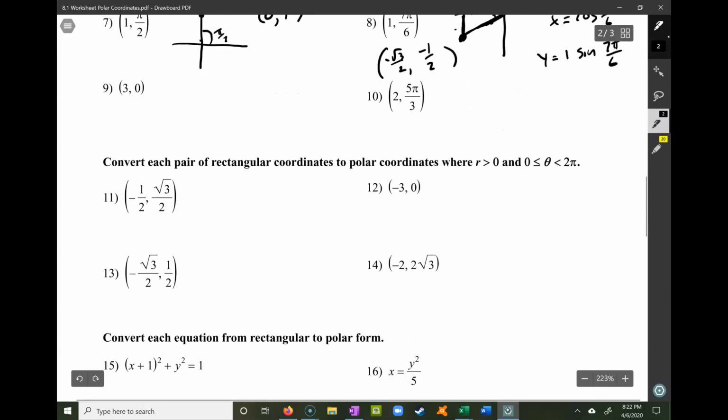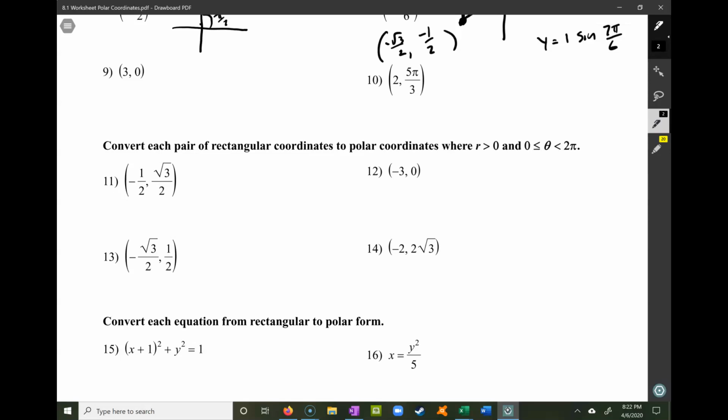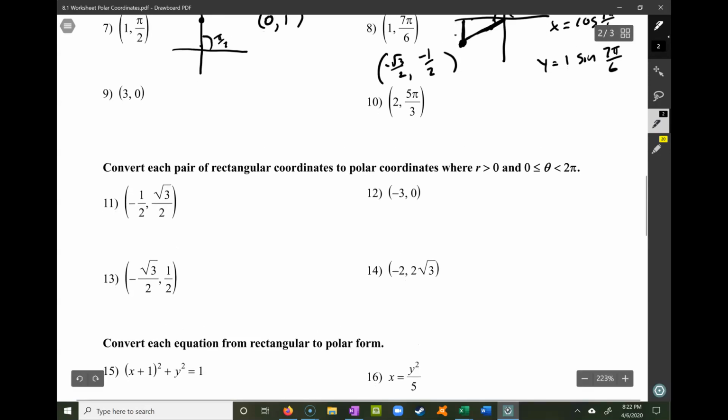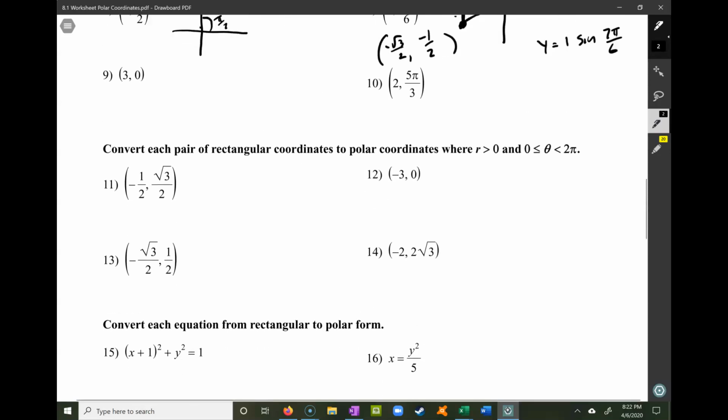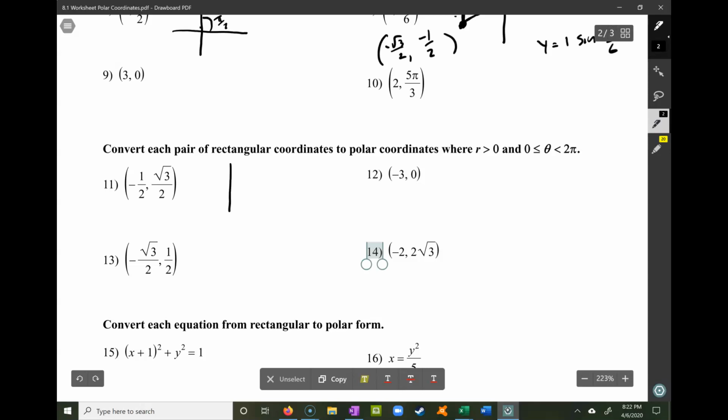Okay, we'll do a couple more examples. I better do an equation one too. Okay, convert each pair of rectangular coordinates to polar coordinates. So again, you should be conjuring up a picture that when you think of this, it's going -1/2 this way and rad 3 over 2 up that way. So we're looking at a triangle where this is -1/2 and that's rad 3 over 2.